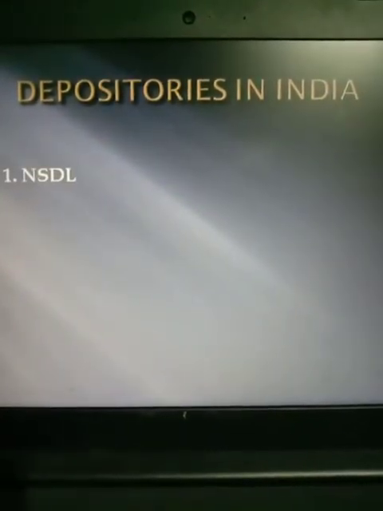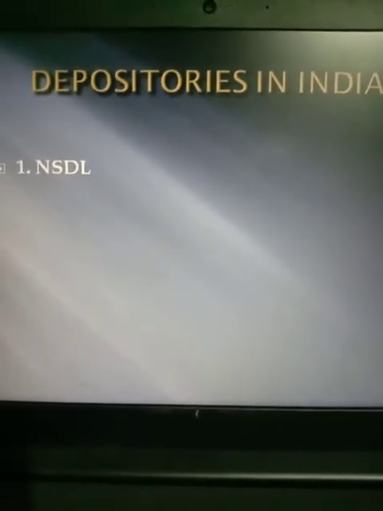Depositories in India means an organization's higher authority whenever it comes to dematerialization or settlement.